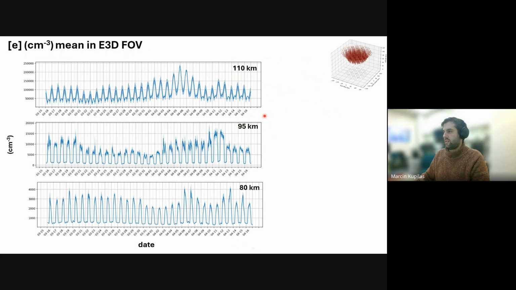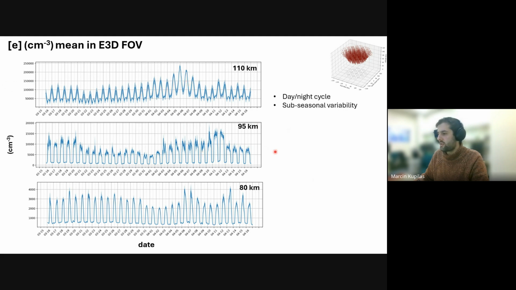So you can see that there's this very strong diurnal variability. There's this strong day-night variation at all of these heights. There's also this subseasonal variation. We can see that there's this very steady growth here and then decay.